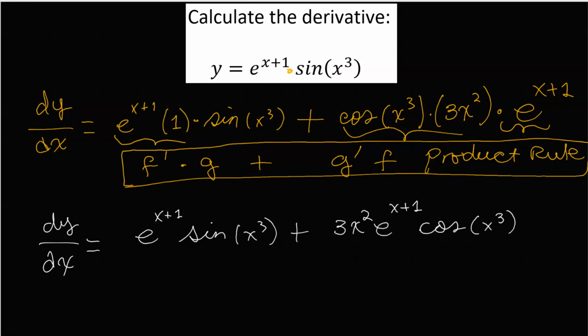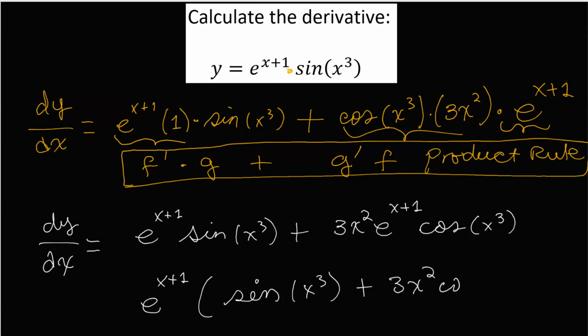And what can you do further? If you really want to, you could factor out e to the x plus 1 because that's what's in common, and that will leave you with sine of x to the third inside plus 3x squared cosine of x to the third inside. And that is my final answer.